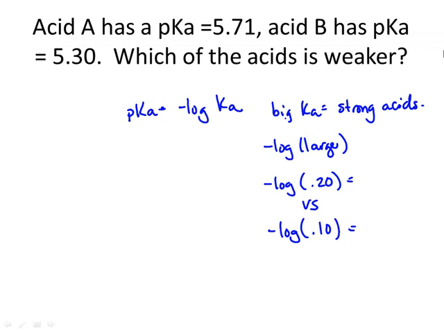Negative log of 0.1 gives me 1, and the negative log of 0.2 gives me 0.698. So larger Kas give me smaller pKas. So small pKa goes with a big Ka. So I look at my two numbers and see acid B has a smaller pKa, which means it's a stronger acid. So the weaker acid must be acid A.